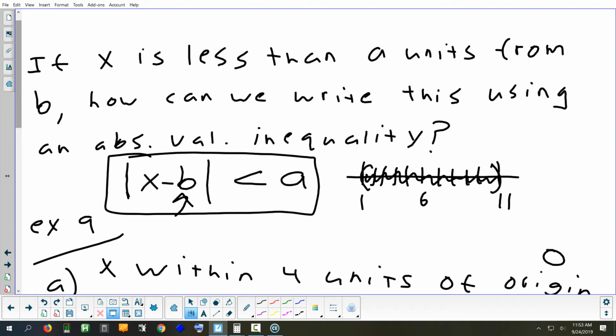That's like your center. So x is less than. This is what you are. I don't want to say away from. It's like the center. I don't know a better way to say it. And A is how many units away from that center you're going. So we've got the starting point, which is B, and then A is how far? It's the units away from the center.